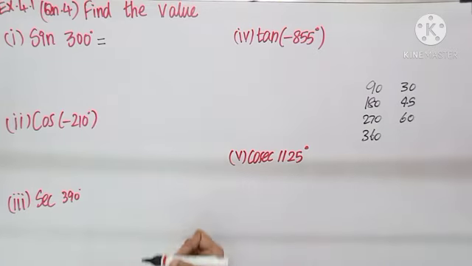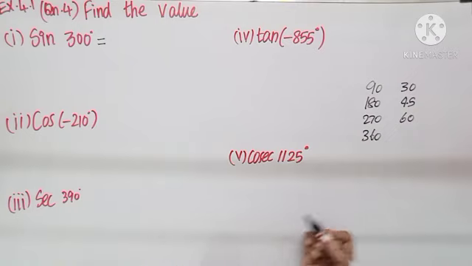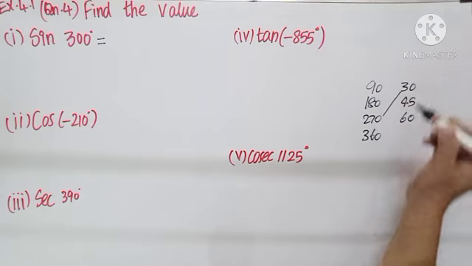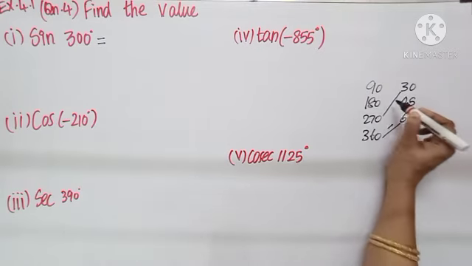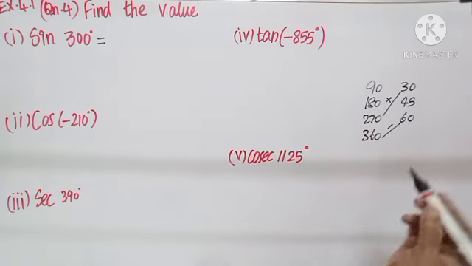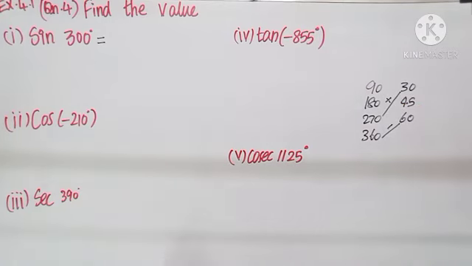Now 300. How can you write 300? I can write it in two ways. 270 plus 30 is 300, or 360 minus 60 is also 300. Out of the two, choose any one.